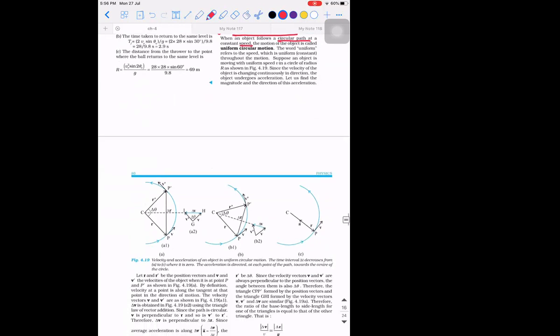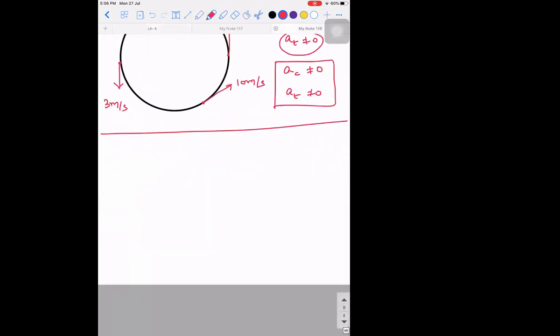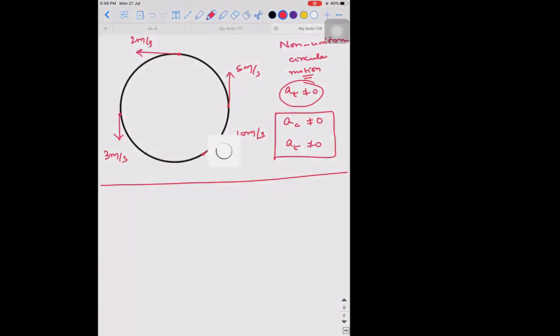Right. Now our work is to derive what is the acceleration value that is acting towards the center. Now concentrate.